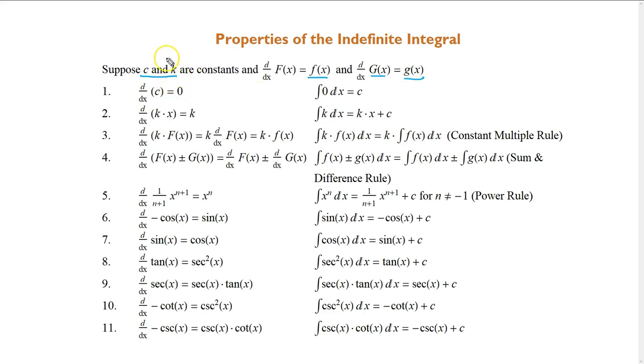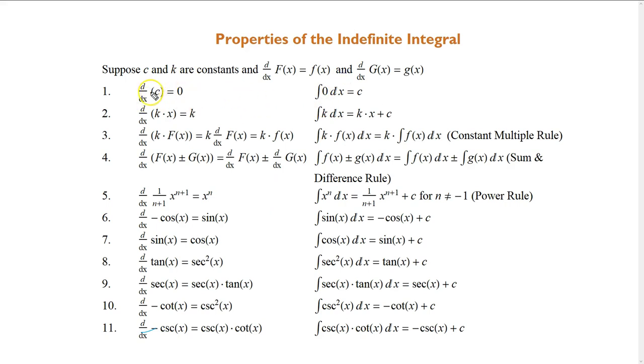Now, in the first column here, we have differentiation rules that we're familiar with. And then in the second column, we have the corresponding anti-differentiation rules that result from the rules in the first column. So let's take a look at these.